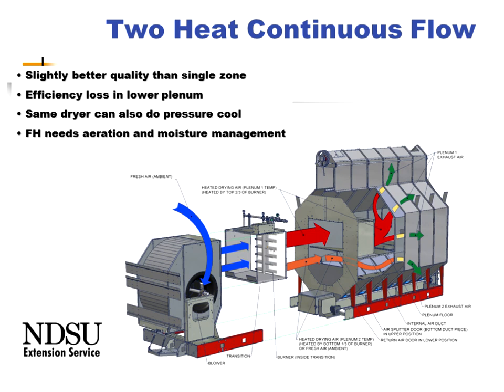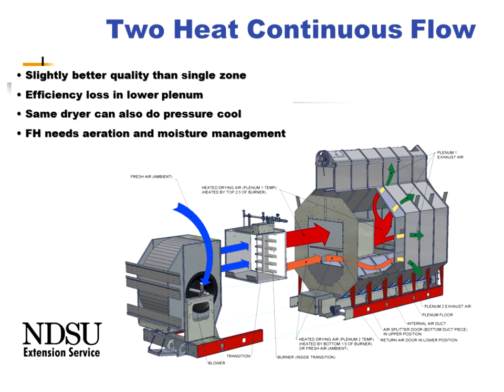There's a 2-heat continuous flow dryer. Here both the top portion and bottom portion are heated. We run the lower portion of the dryer at a cooler temperature to try to maintain the corn quality, and we'll see a slightly better corn quality coming out of this dryer than if we were running the whole dryer at the same temperature.